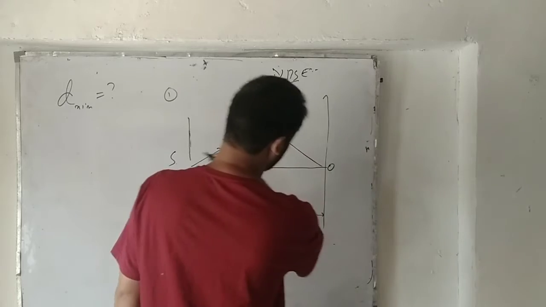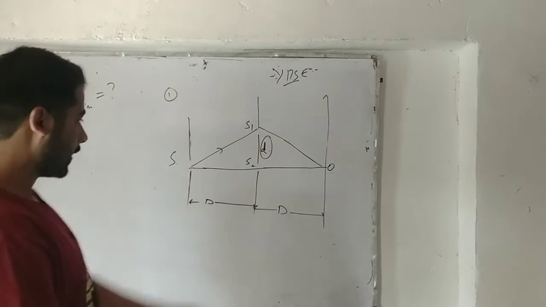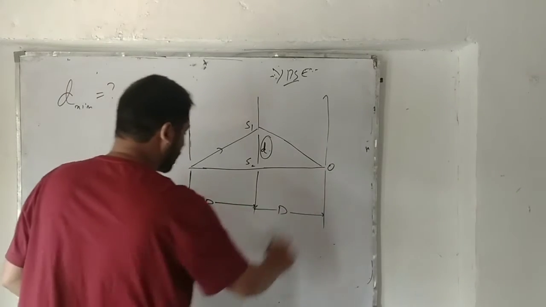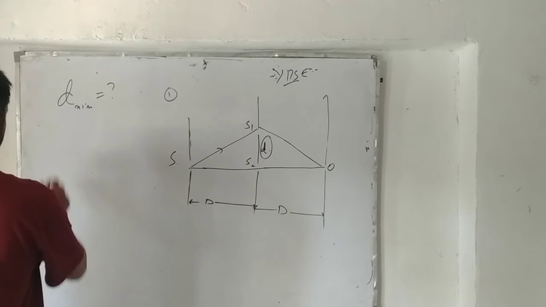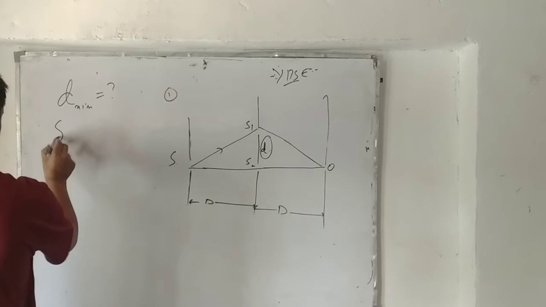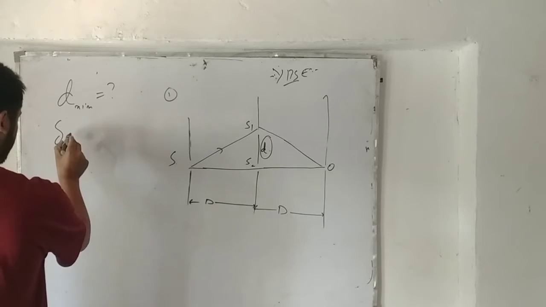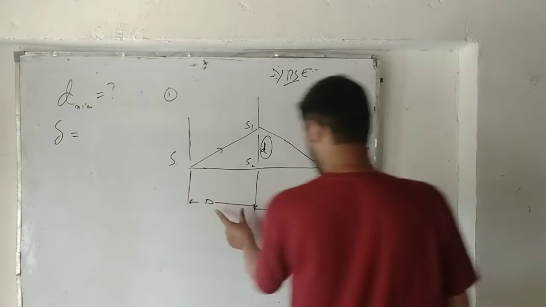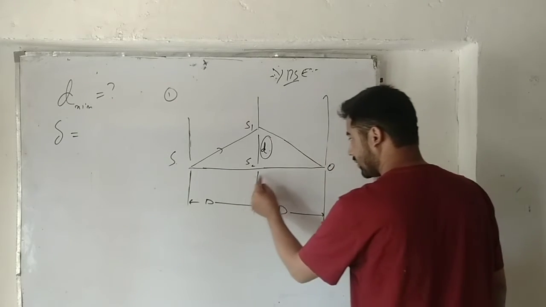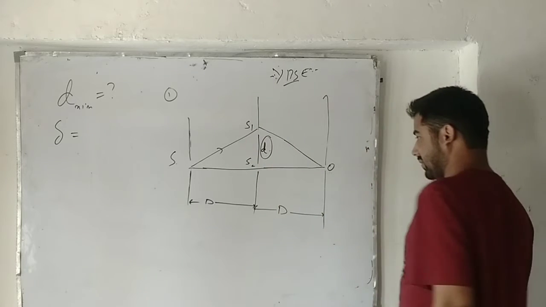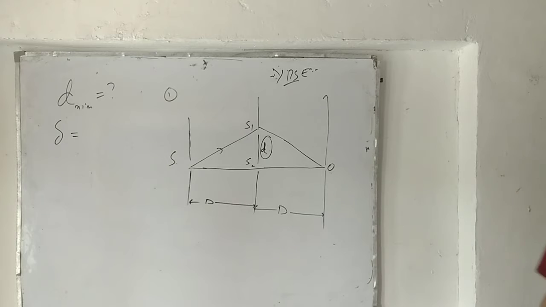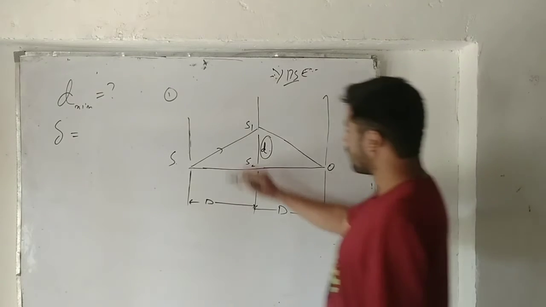As a consequence of interference, a dark fringe appears at point O. Look, this distance D is given, and the vertical distance from S2 to S1 is also given as d.